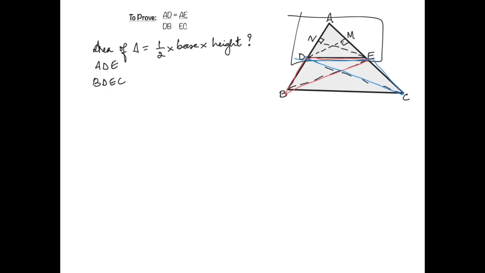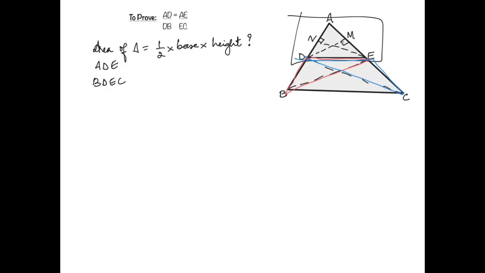So I will write that down. What we have constructed here is a perpendicular DM on the side AE and a perpendicular EN on the side AD. The next construction is that we have joined BE and DC, right? So now we have four triangles. What are those triangles?